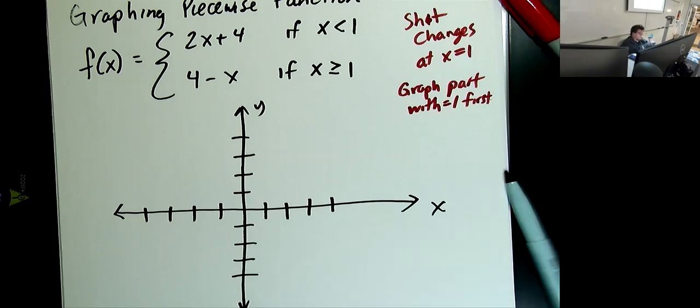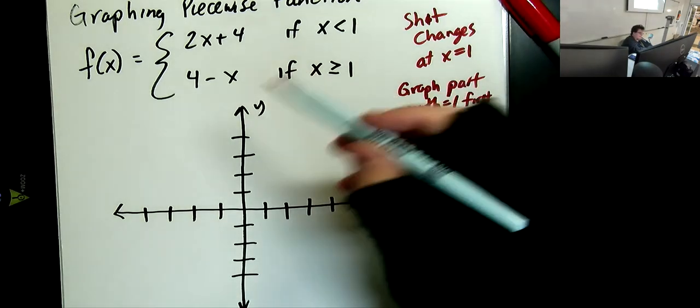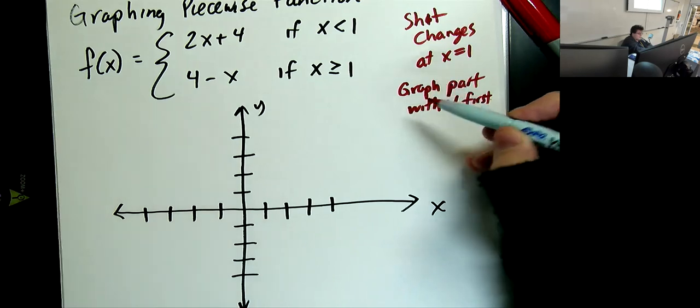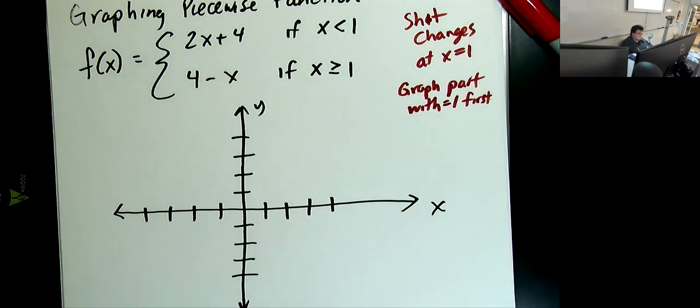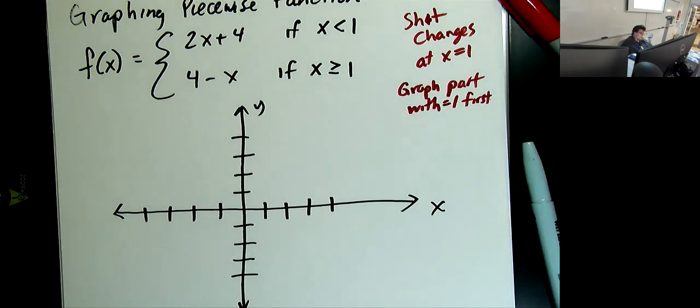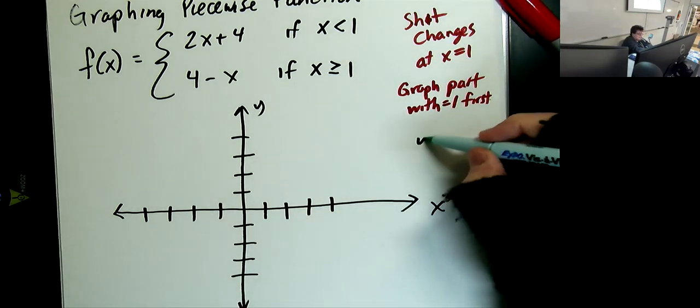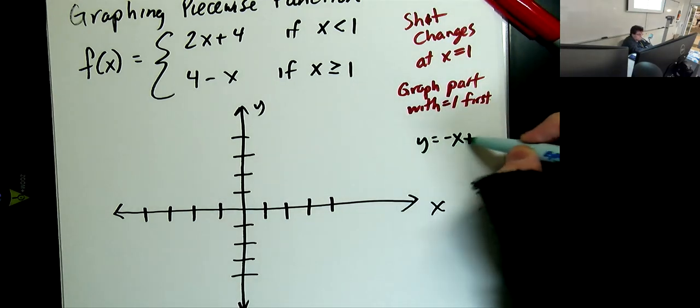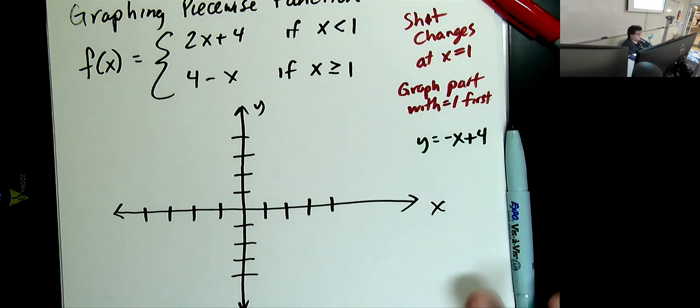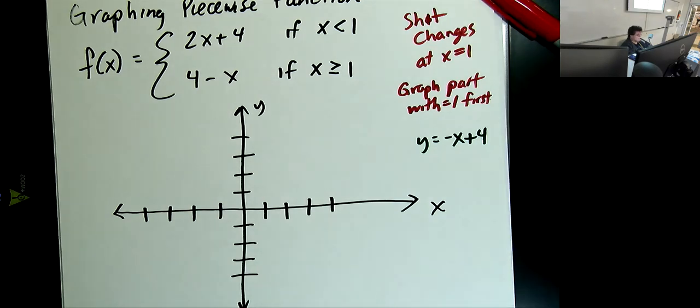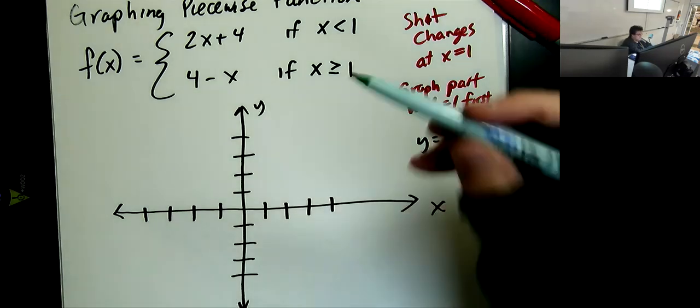So for this one, the part where it's equal, if I say this is y, I've got y equals 4 minus x, or y equals negative x plus 4. One way of doing this is to graph that whole line, but as a very, very light dashed line.